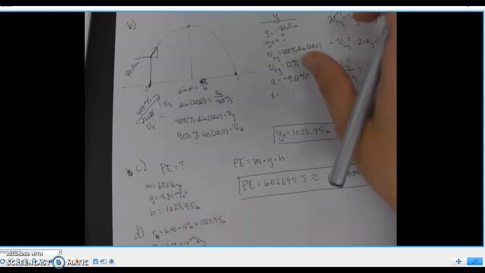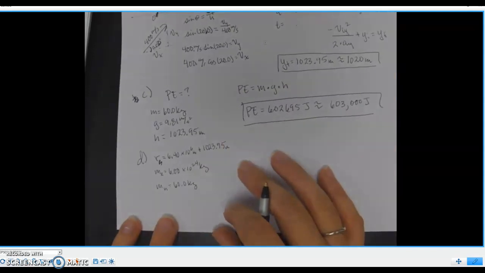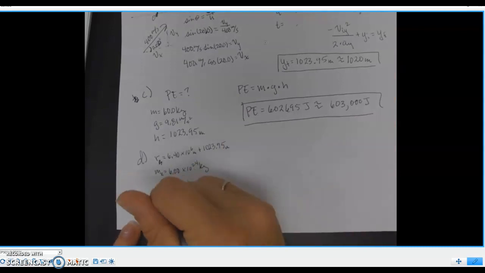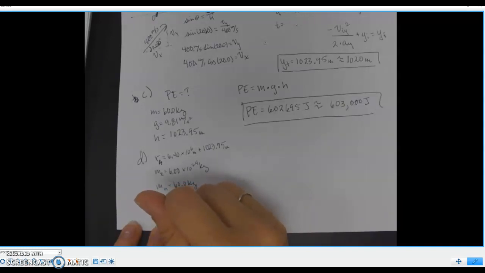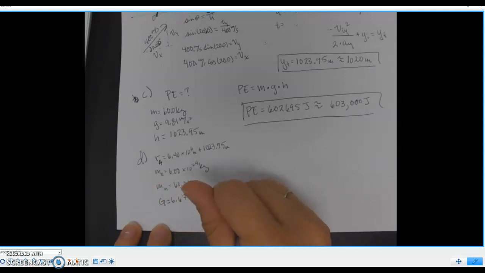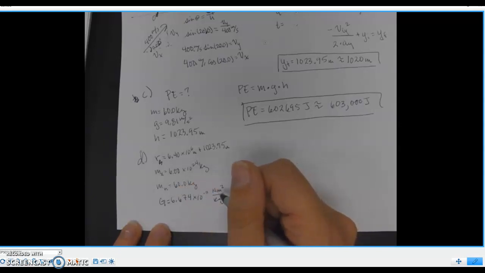That will be our overall radius between the center of mass of the two objects. And then we have a gravitational constant that we'll be using, 6.674 times 10 to the negative 11 newton meters squared per kilogram squared.